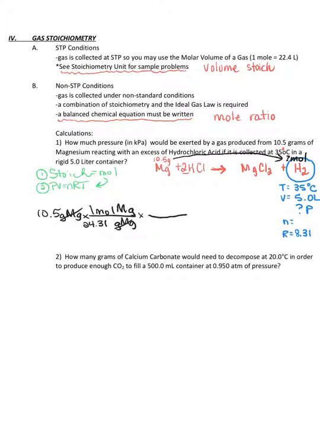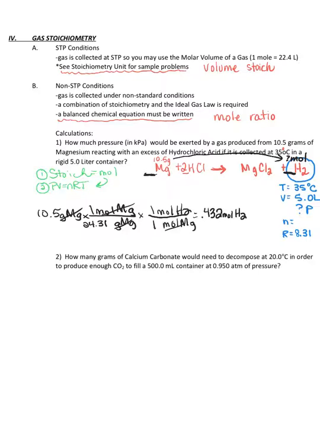According to my mole ratio between magnesium and hydrogen, it's a 1-to-1 mole ratio. Moles of magnesium go on the bottom, and moles of hydrogen go on the top. I only have to go to moles because that's all I need for my ideal gas law. I solve for this and I get 0.432 moles of hydrogen, which is my gas.